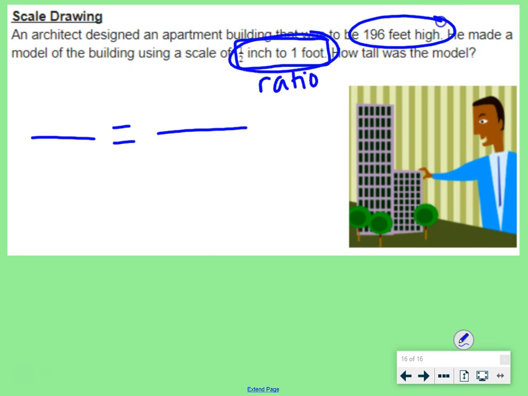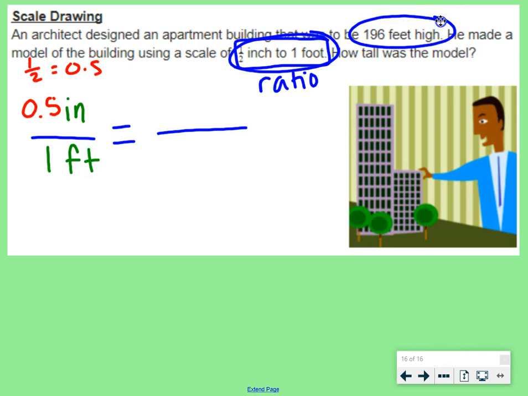So that can be written as a fraction. We have 1/2 inch to 1 foot. 1/2 inch over 1 foot. However, we can't have this as 1/2. I mean, we could, but it'd be more difficult. So 1/2 as a decimal is 0.5. So let's write that as 0.5 inches to 1 foot.